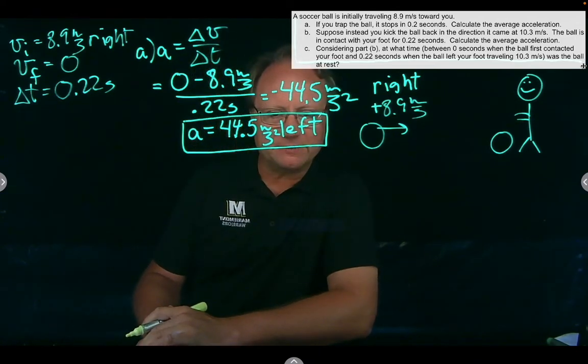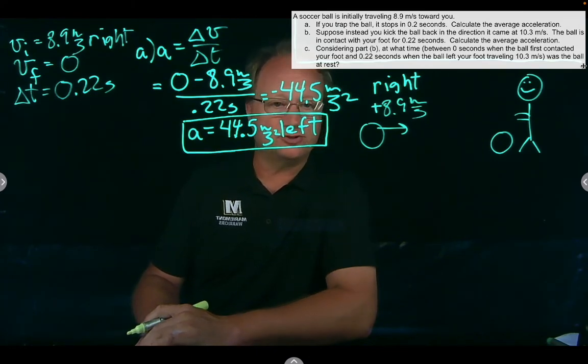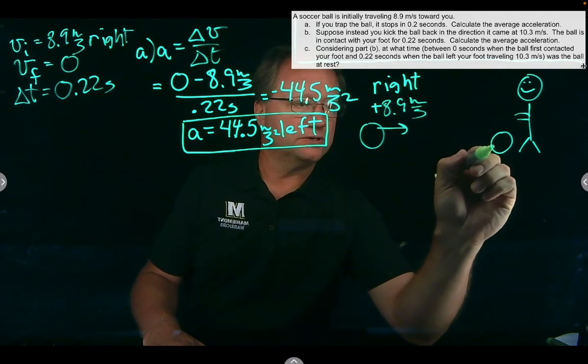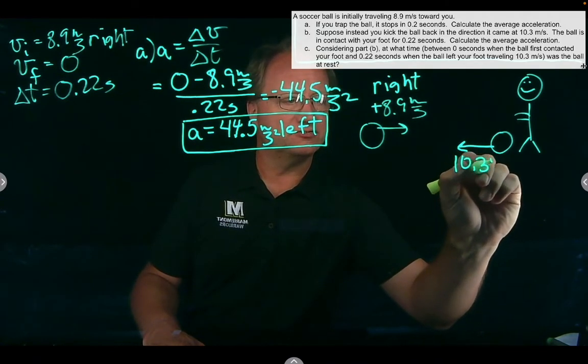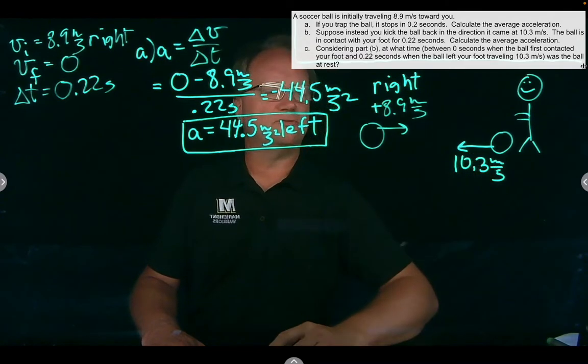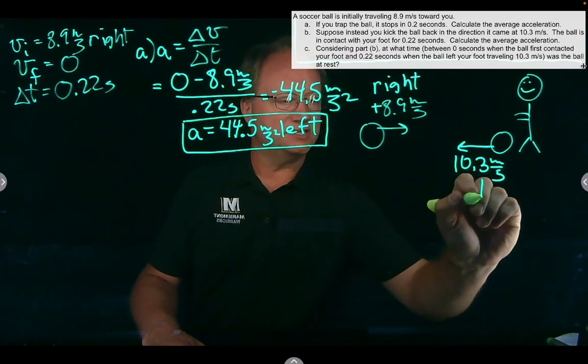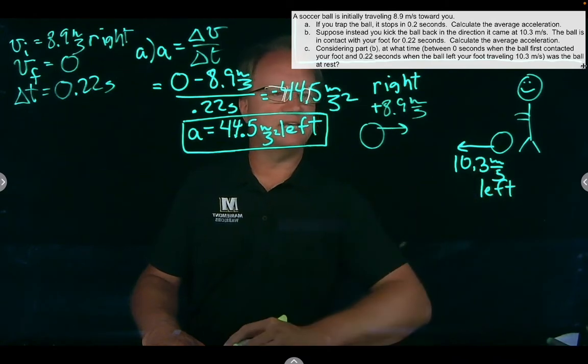Now on part B, suppose instead you kick the ball in the direction it came at 10.3 meters per second. So now we're going to change things a little bit. We're going to assume that the ball leaves your foot at 10.3 meters per second. This would be to the left.